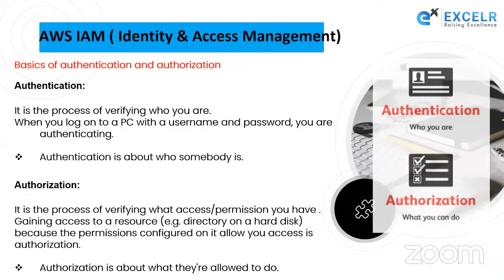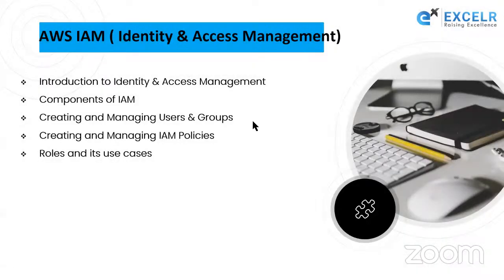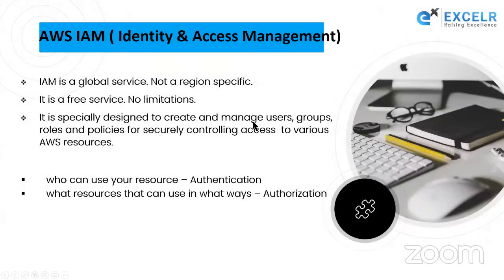All these accesses come from the authorization which is added to your user ID. So authorization is about what you can do and use. These concepts are very, very important. So let us go next. IAM is a global service.